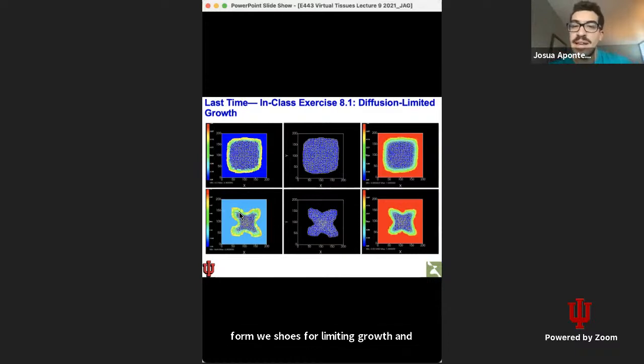In this particular case, since cells are basically penalized for having no exposure to the resource, that is going to drive the system to maximize the contact surface between the source of the metabolic resource and the surface of the tumor.